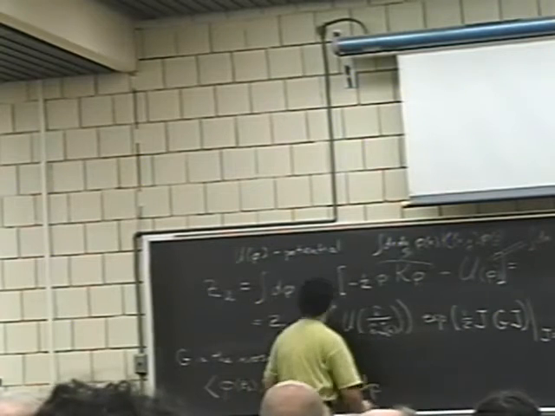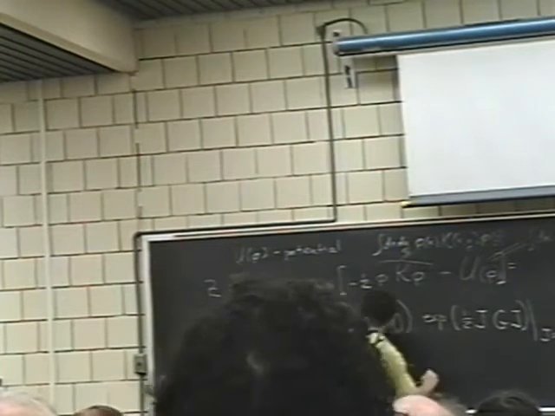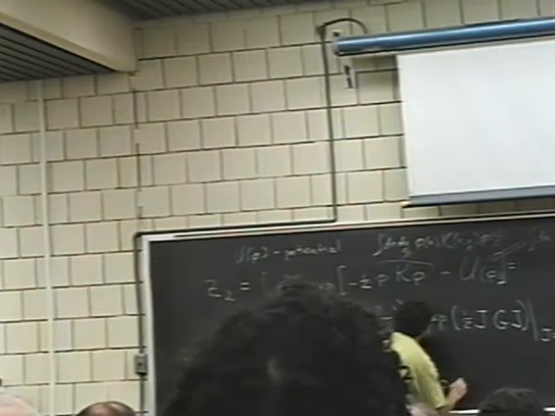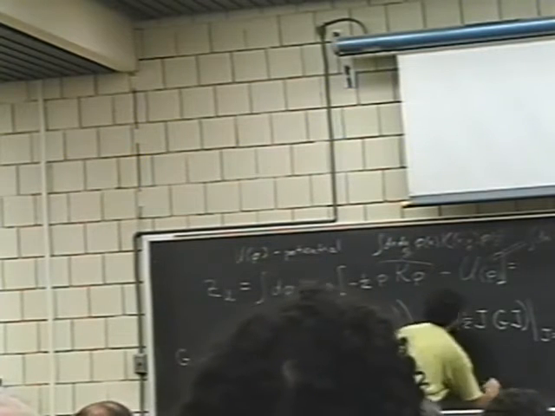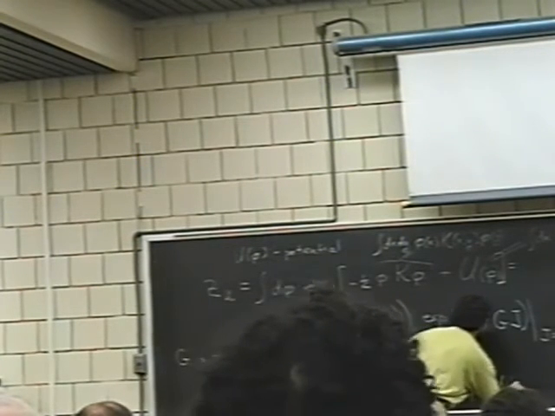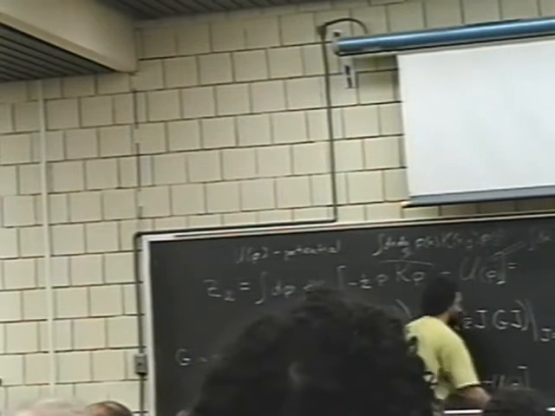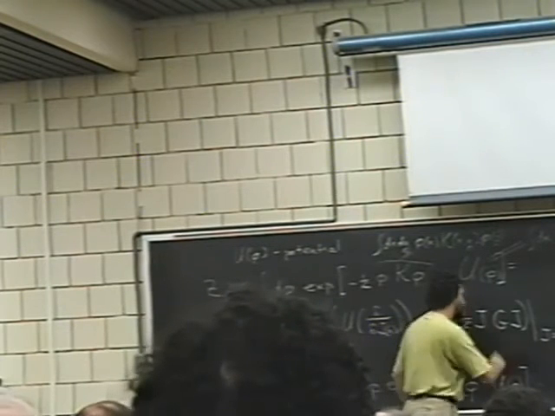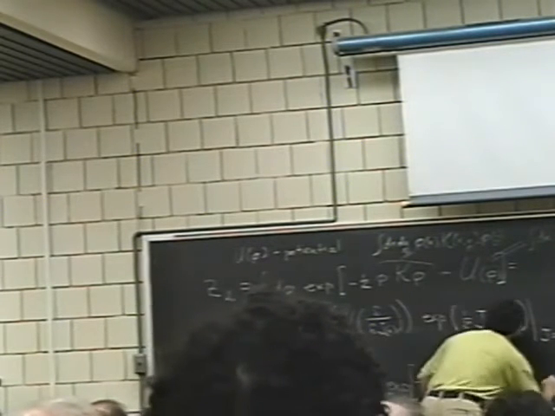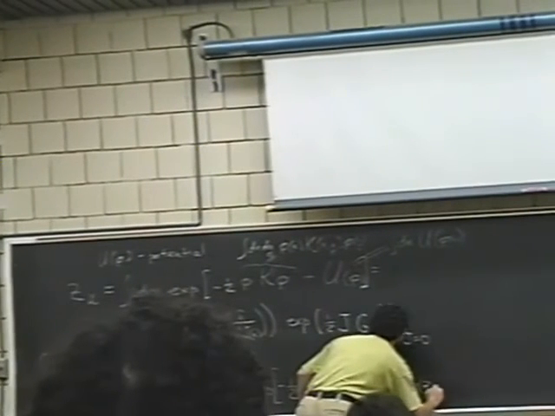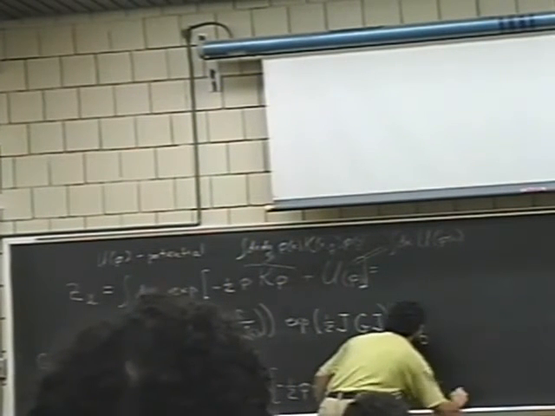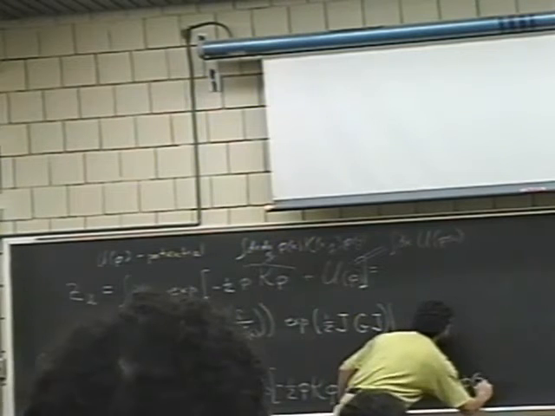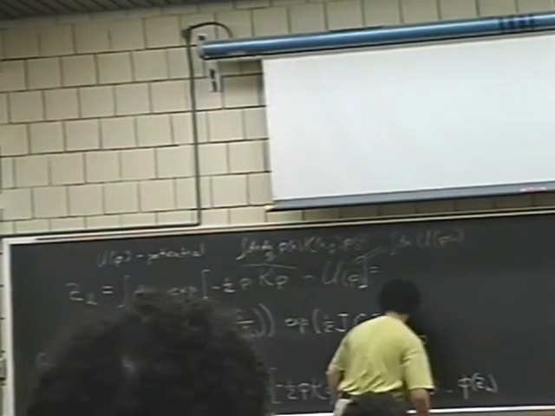The only new thing to do is to take the same exponent, k phi plus u of phi, but now also to plug in the integrand the product of these functions. So right here, phi of z1 times etc. phi of zm.